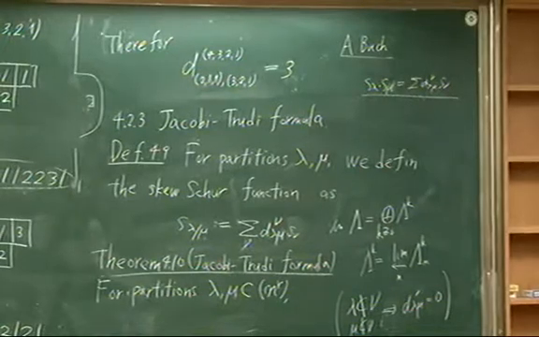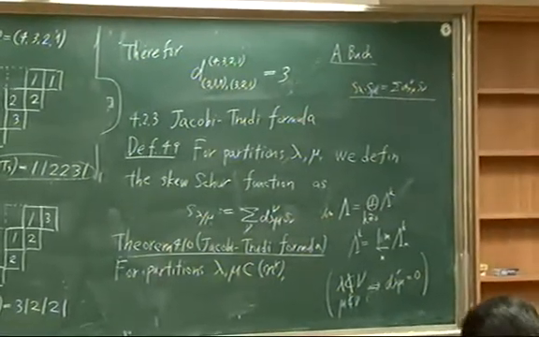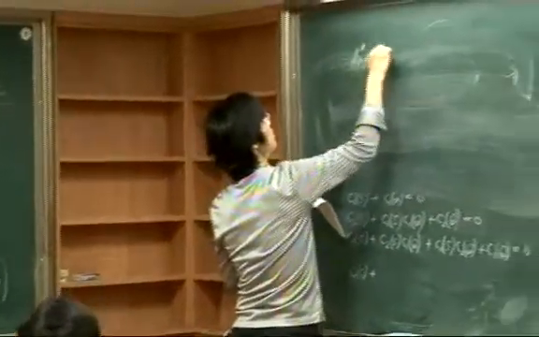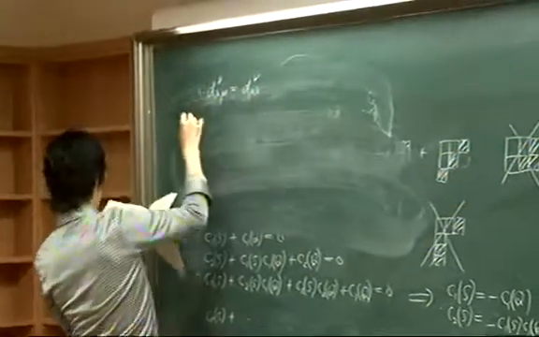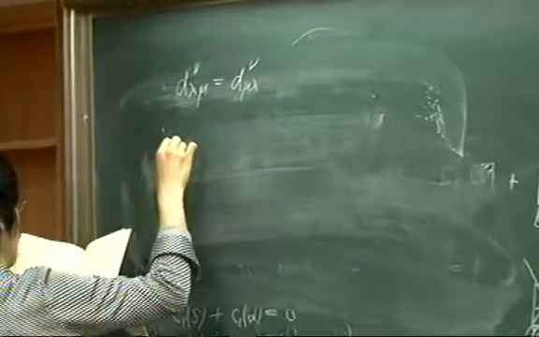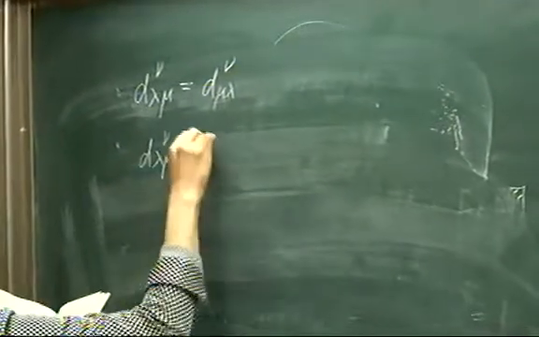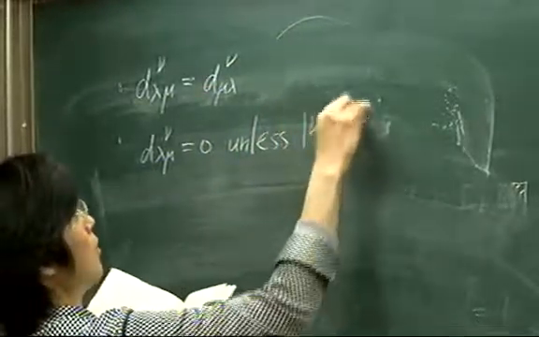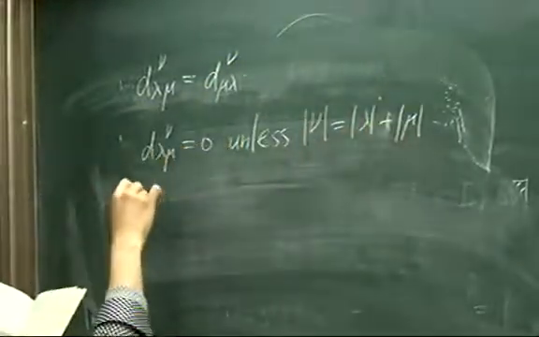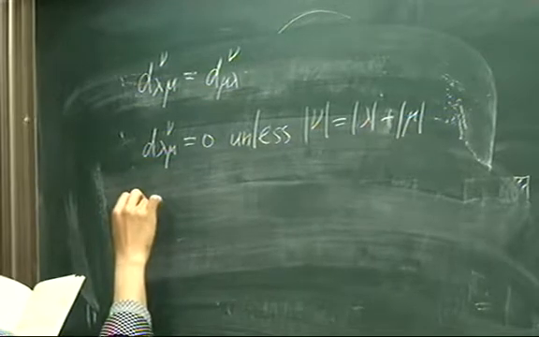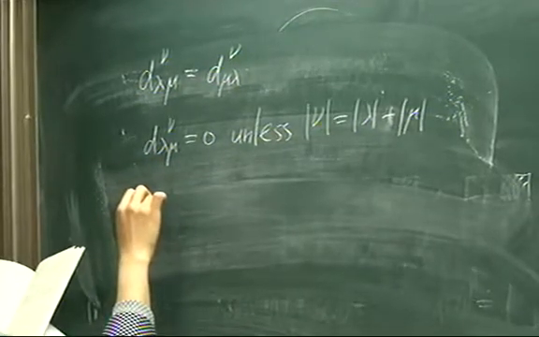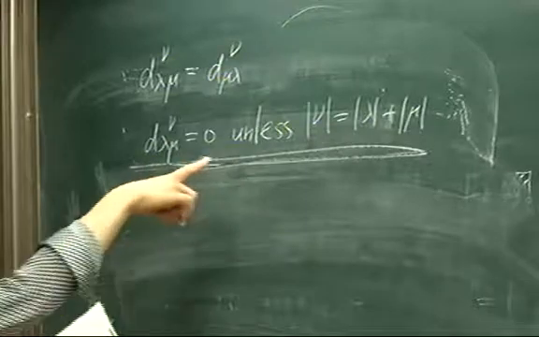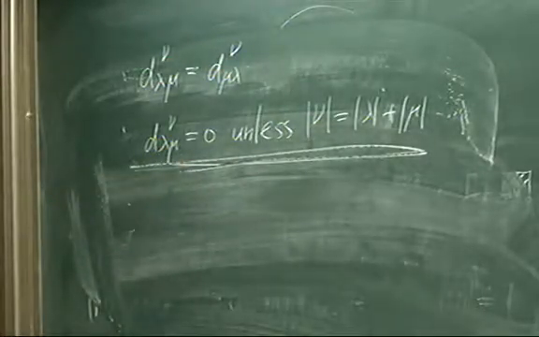For example, it is not difficult to show d lambda mu nu equals d mu lambda nu. And d lambda mu nu equals 0 unless the size of nu equals the size of lambda plus mu.